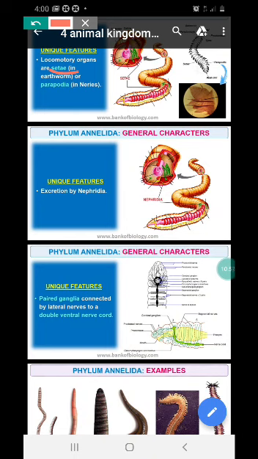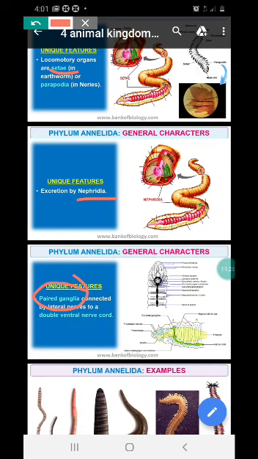Excretion is by special organs called nephridia. It's a primitive form of nephrons in our case. And the nervous system consists of a paired ganglion connected by lateral nerves to a double ventral nerve cord.